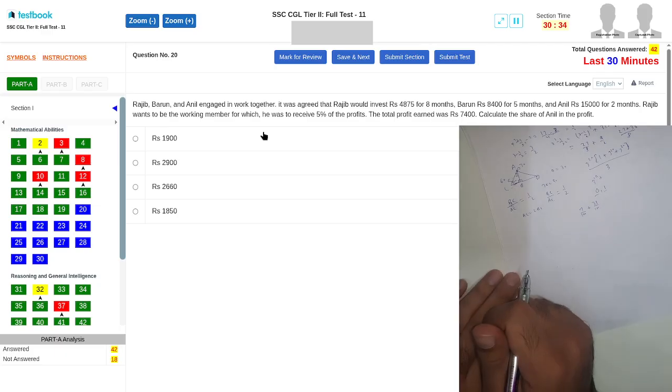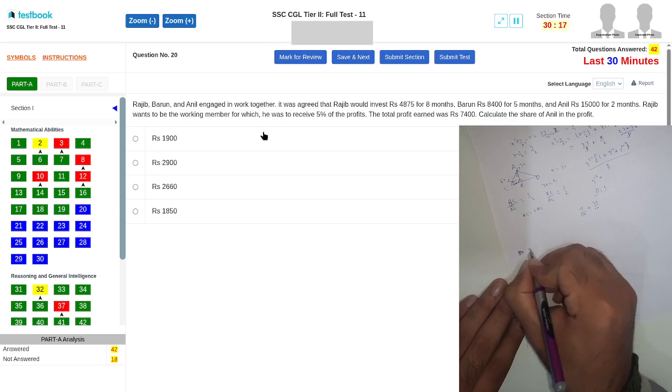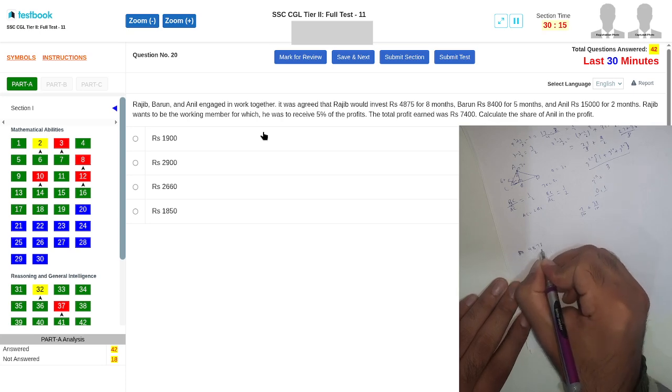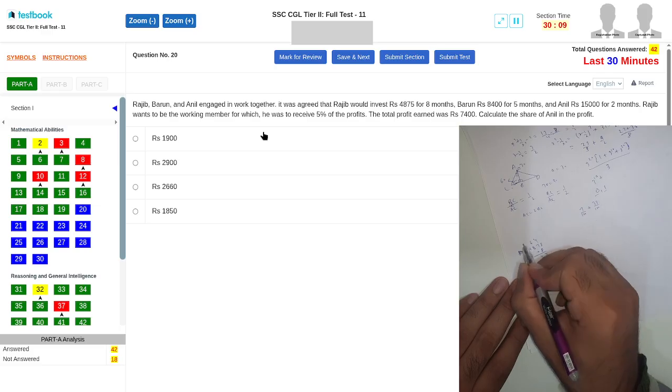अनिल इन द प्रॉफिट. ठीक है. 4875 into 8. 8 by 40 56 60 into 64 70.